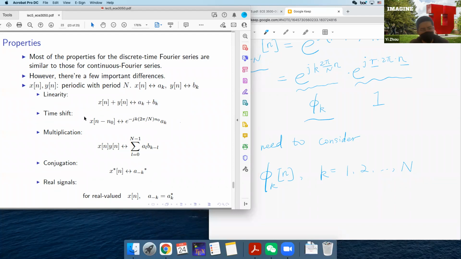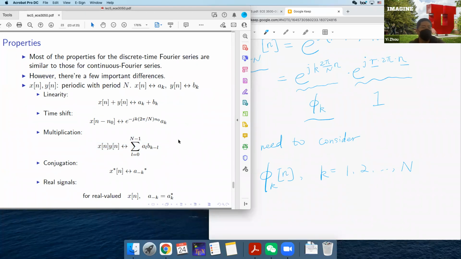And time shifting is the same. Basically, a shift in the discrete time domain will cause a phase change in the spectrum domain. And the phase change is the same thing: e to the negative j k omega naught n naught. And this one again is the same as the continuous time case.